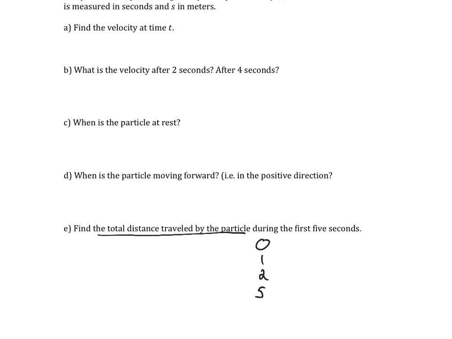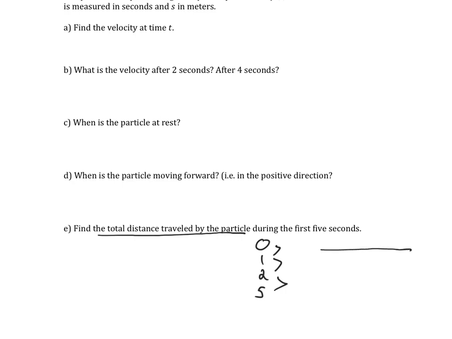What you need to be able to do is figure out how far it traveled between 0 and 1 second, how far it traveled between 1 and 2 seconds, and how far it traveled between 2 and 5 seconds, keeping in mind that it still may be in the same position.